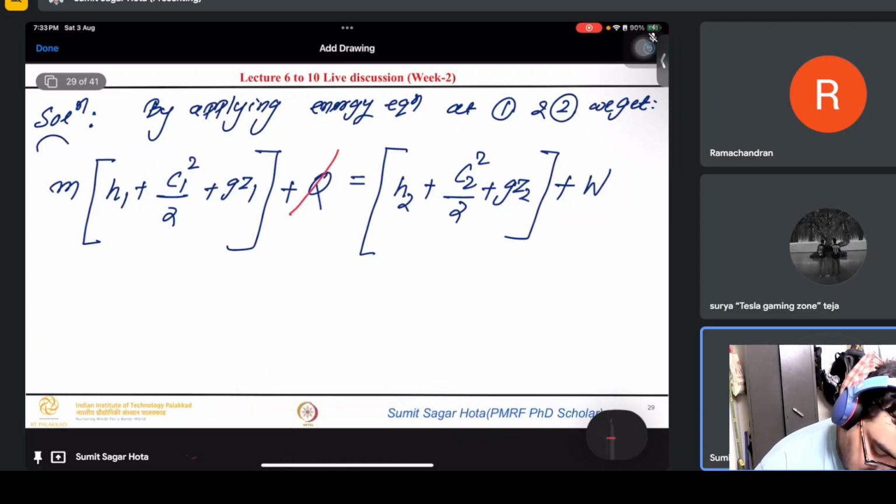Basically your Q is 0, W is also 0, and C1 is also 0.